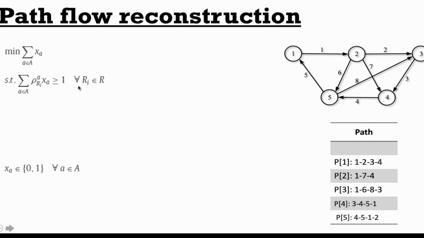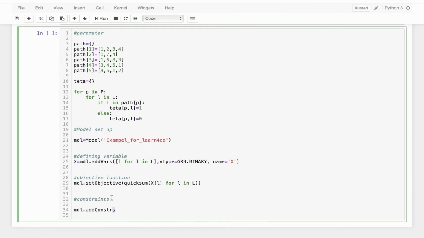To make more sense of it, let me go back to the formulation we have here. Here we have sigma rho ARI times XA greater than or equal to 1, and we have a summation over A. But here it says for each Ri as a member of R, right? So we have to repeat the constraint for each path. So here we have to repeat the constraint over a set of paths. That means we have to use the letter S here.